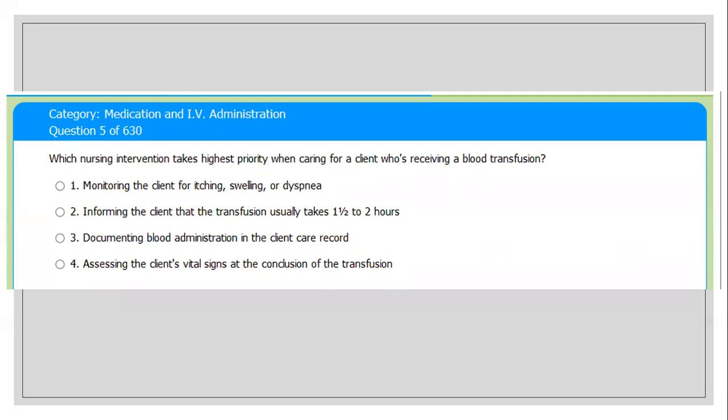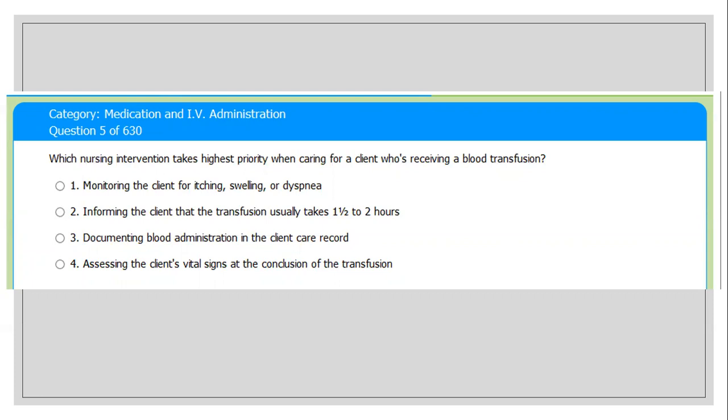Number one, monitoring the client for itching. Also, informing the client that the transfusion usually takes up to 2 hours. Then, documenting the blood transfusion in the client care record.